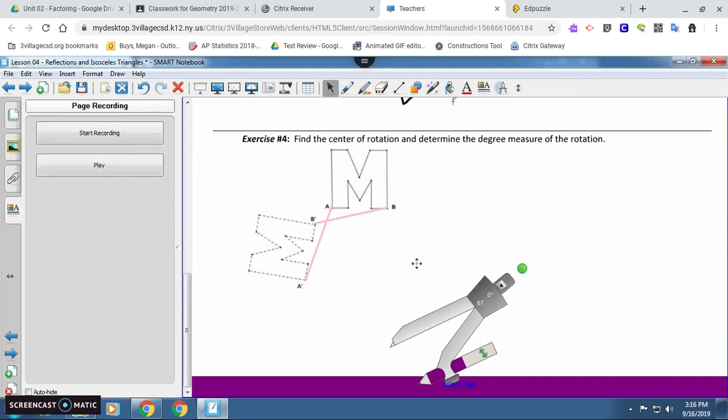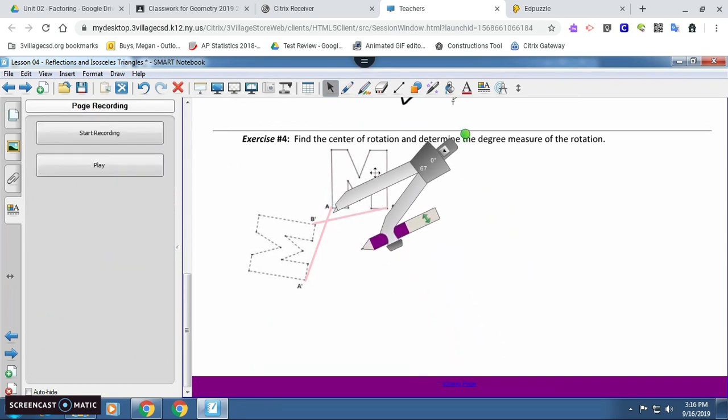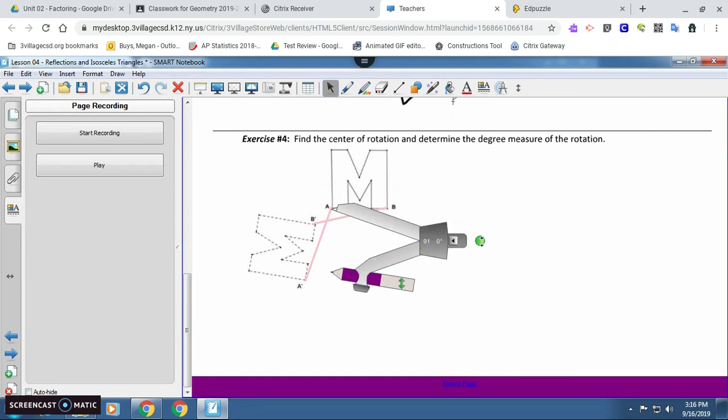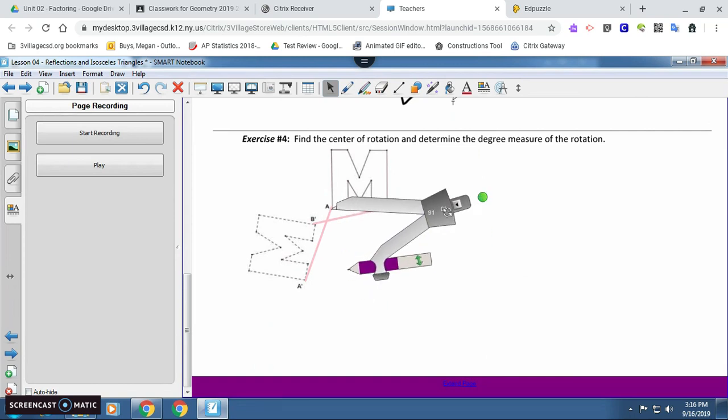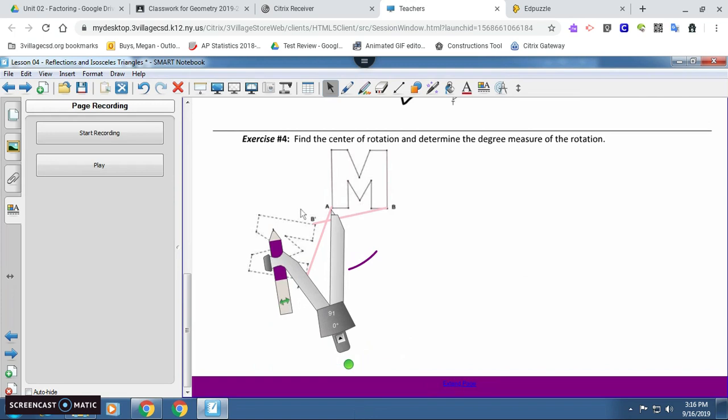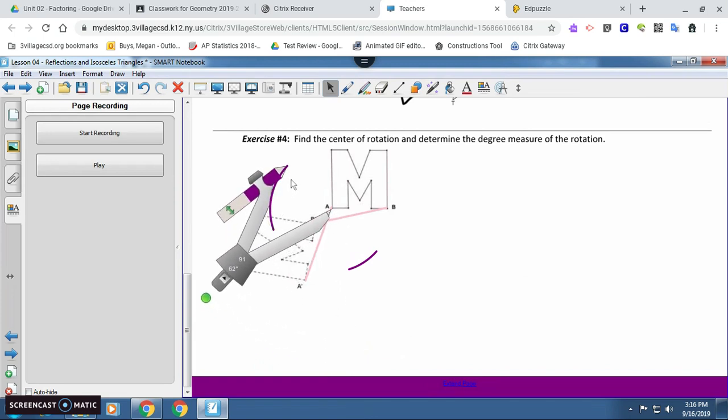So we start with the compass point on A. And we extend as long as we're more than halfway. If we're not more than halfway, we're not going to get our intersections. And you can make a full arc. You can also just make an arc on two sides of this, but you also run the risk of not making it long enough. So it's up to you.